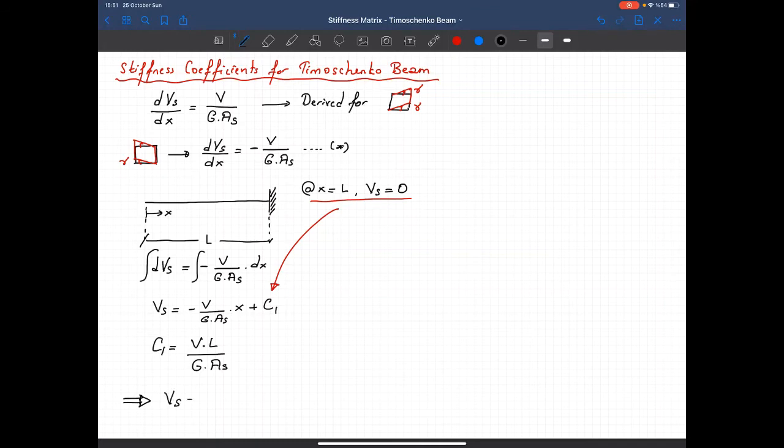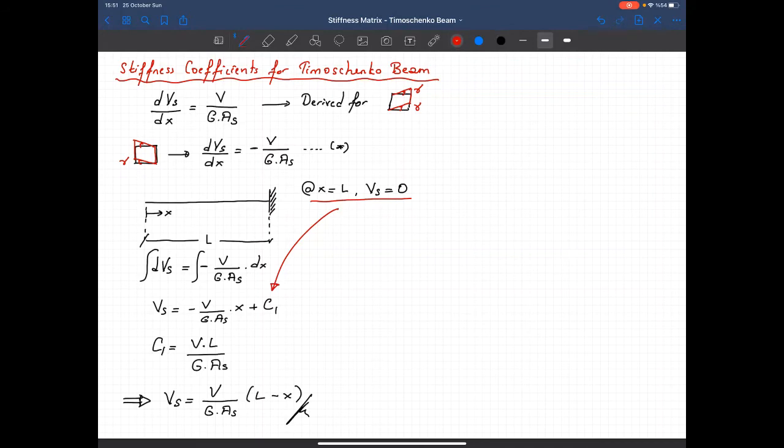Vs is equal to shear force divided by G times AS, times (L minus x). Okay, and as you will see, I will use this equation to derive the stiffness coefficients.